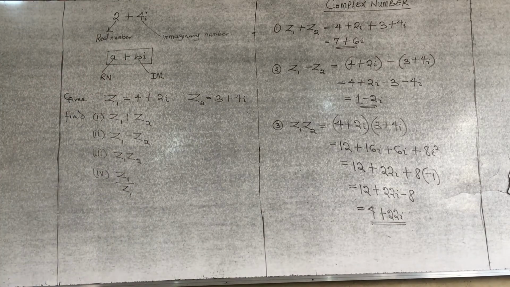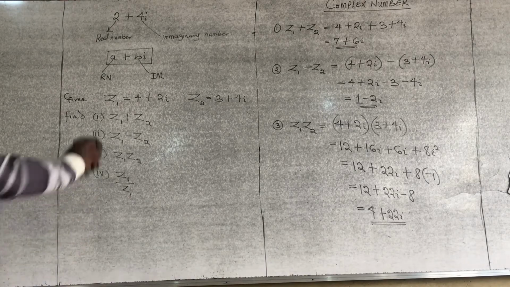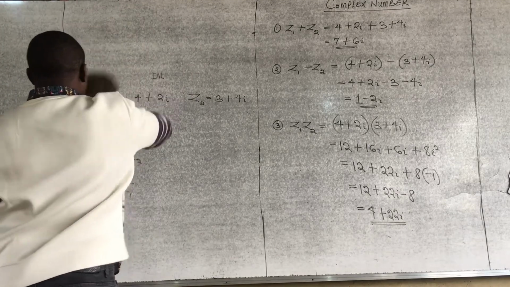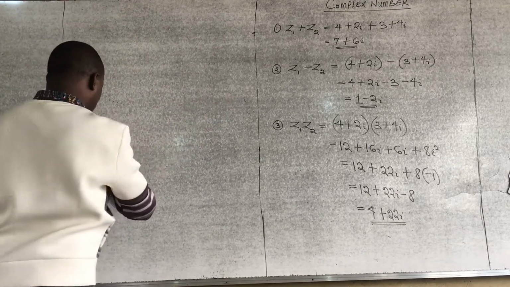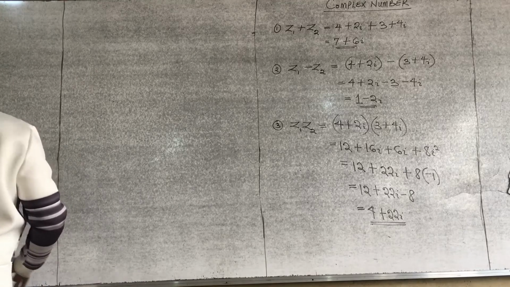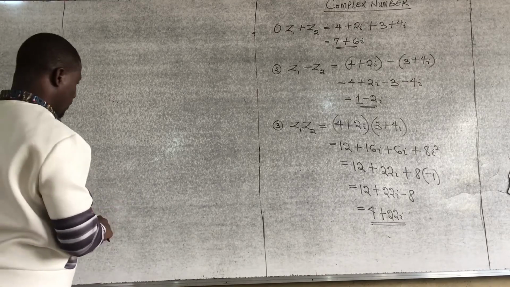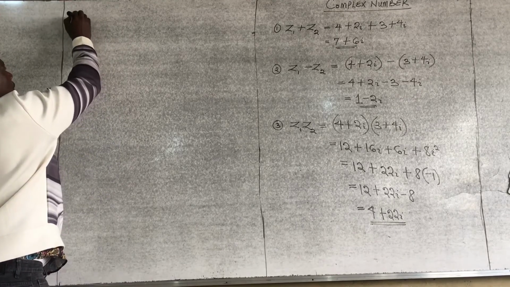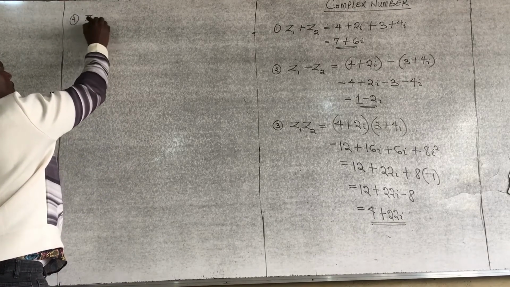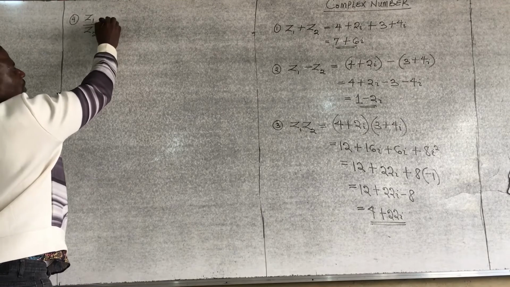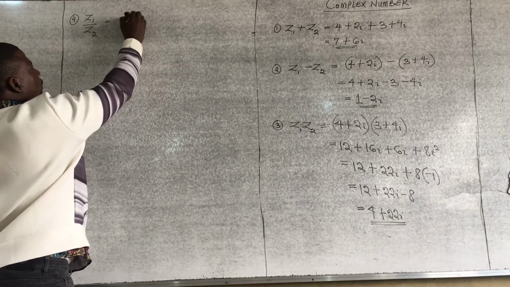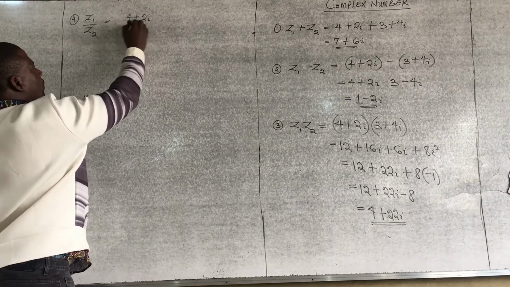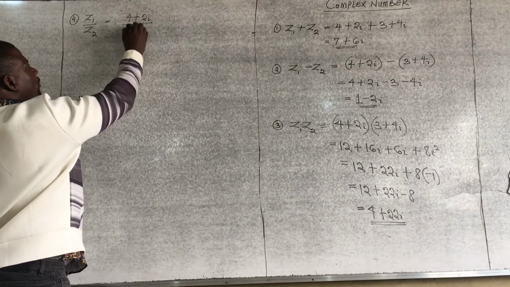And then the last one but not the least, which is division. Let's do that at this side. Now I'm going to have number 4, Z1 over Z2. It means I want to divide 4 plus 2i over 3 plus 4i.